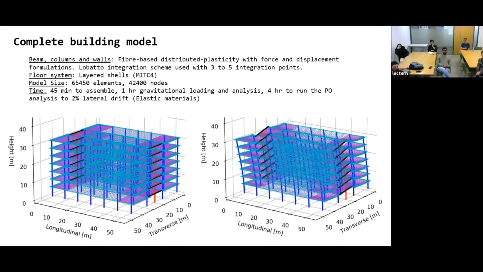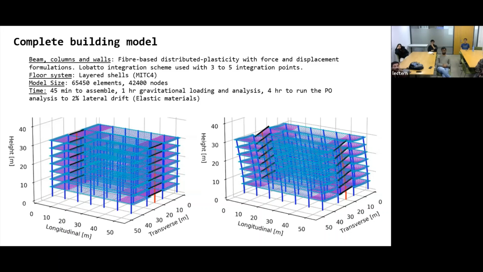Now, this is the way the complete building looks like. It has fiber-based distributed plasticity with force formulation for the walls and displacement formulation for all the columns and beams. All of the elements have a Lobatto integration scheme that uses between 3 to 5 integration points.